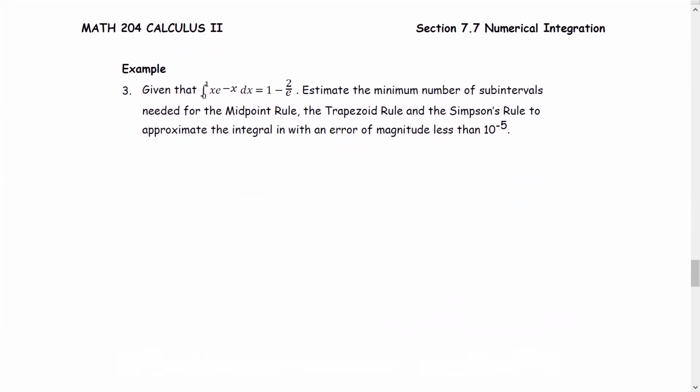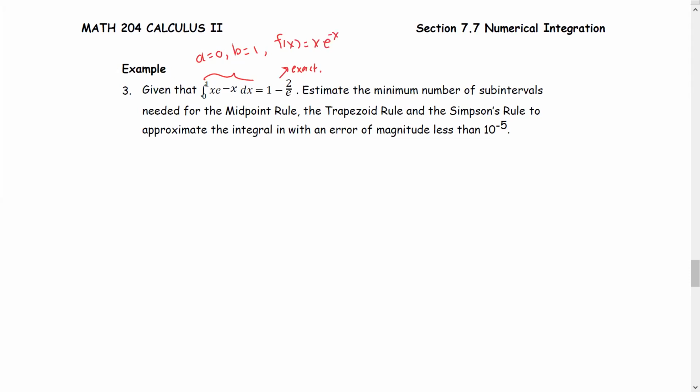In this example, given that the integral from 0 to 1 of the function x e to the negative x dx equals 1 minus 2 over e, which is the exact value, we know that a equals 0, b equals 1, and the function f of x equals x times e to the negative x.